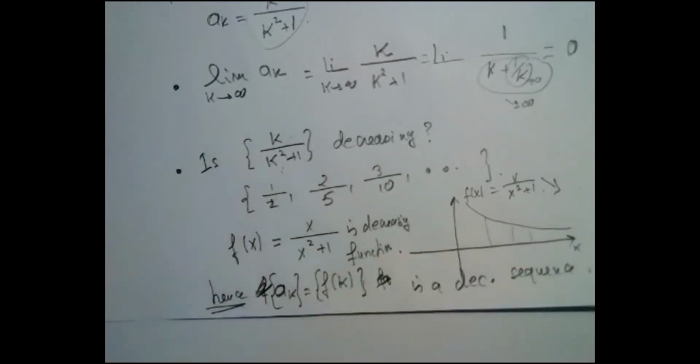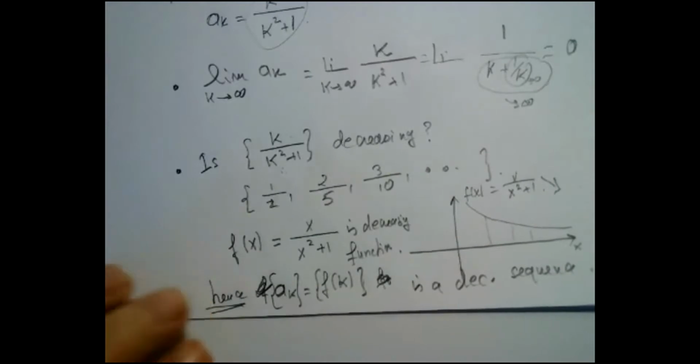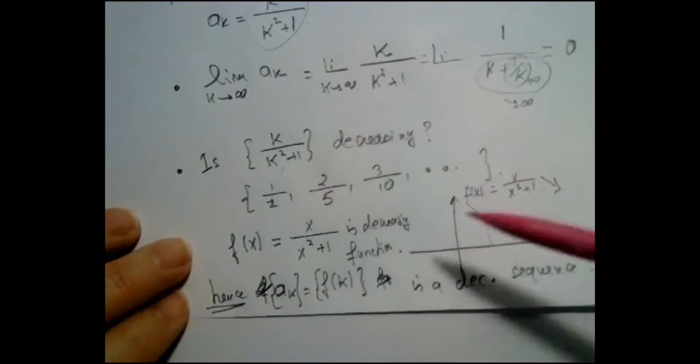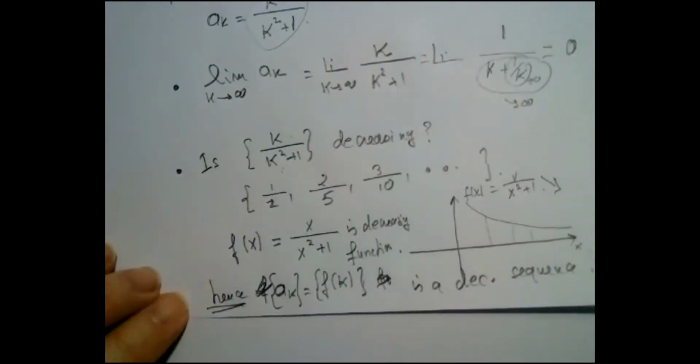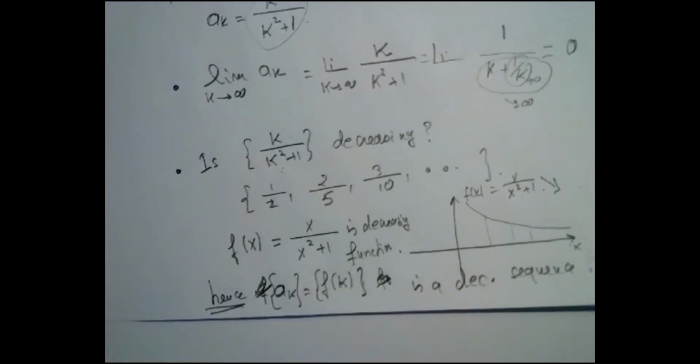So one way you can decide whether it's decreasing is to take the function associated with it and sketch it. If the function is decreasing, then the sequence itself is decreasing.